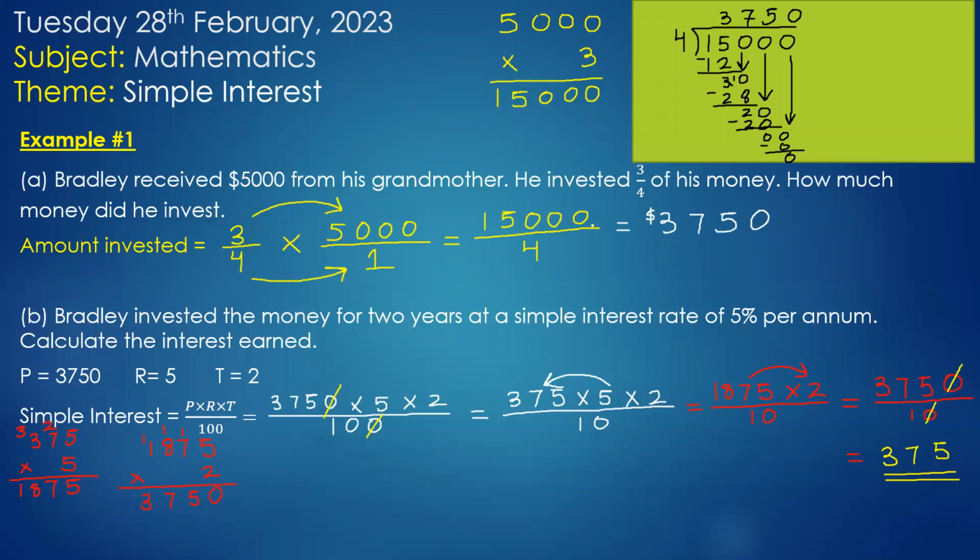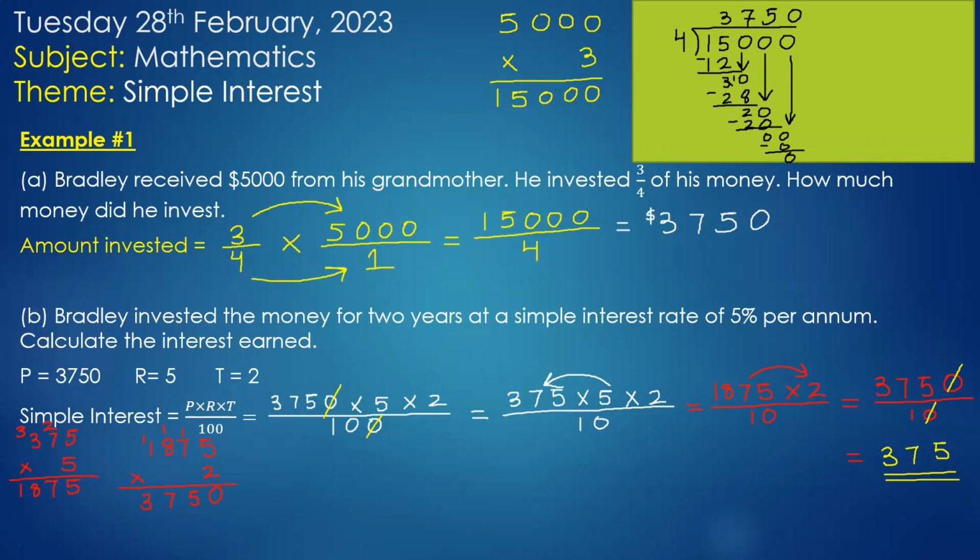Lanaya, can you explain A and B for us, please? Just a summary of what we did. For A, it asked us to find how much he invested. So all we did was multiply 3 over 4 by 5,000 over 1, and that gave us 15,000 over 4. We divided 15,000 by 4, and that gave us 3,750.